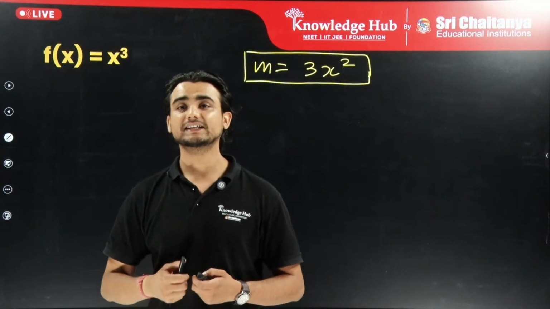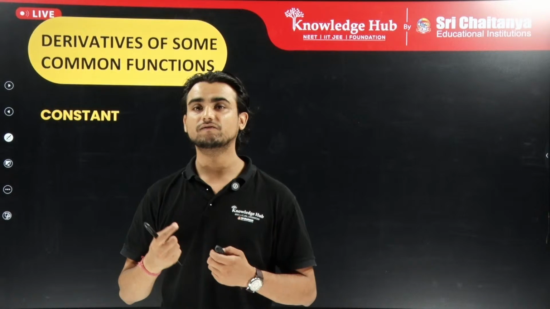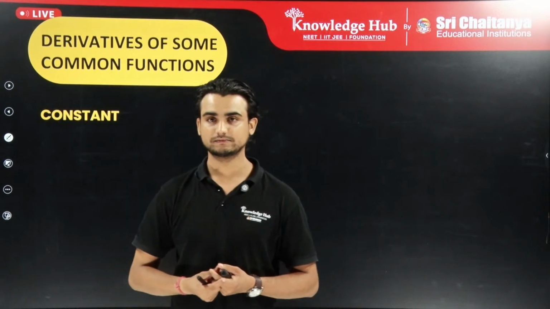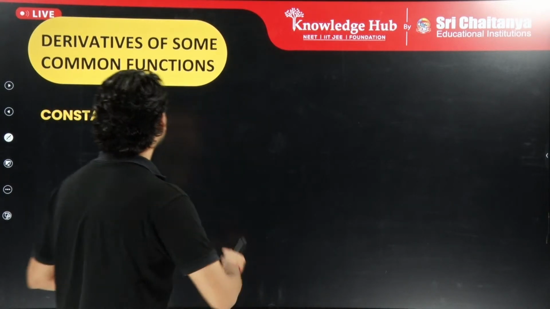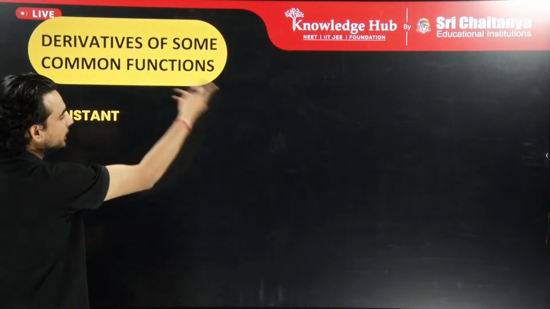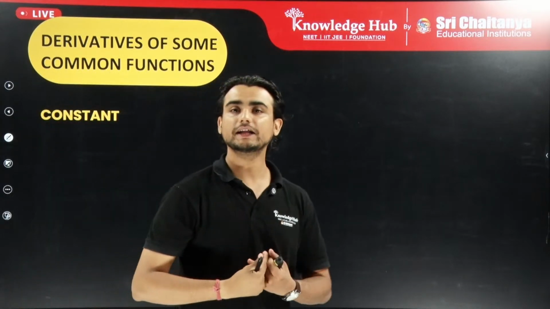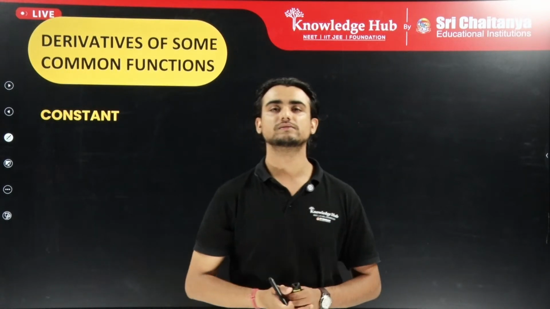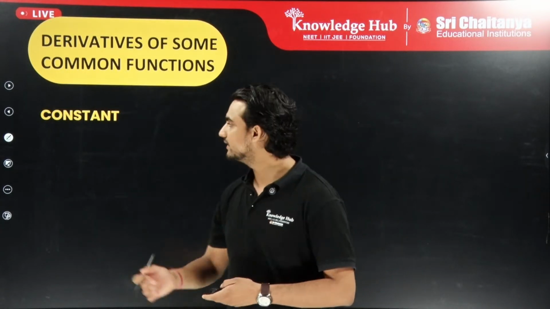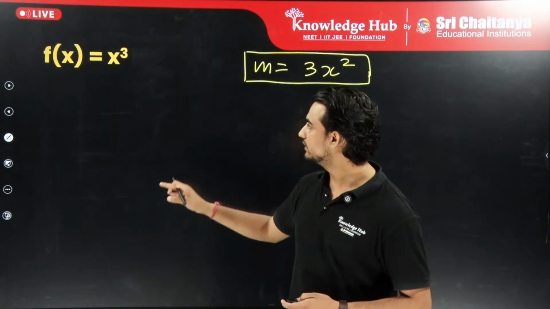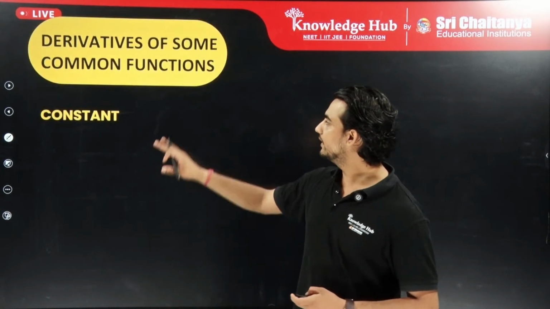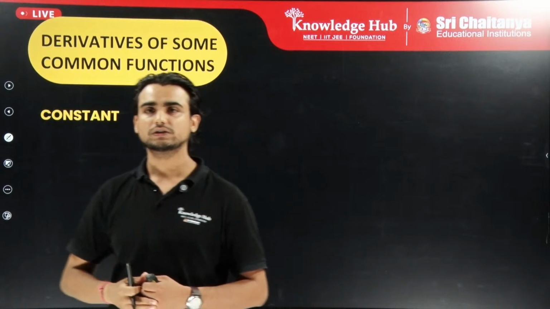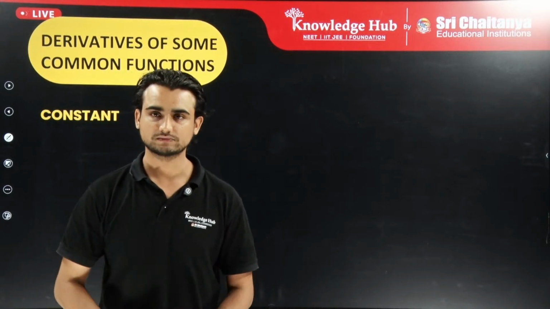So some basic formulas have been defined, the derivatives of some common functions. What do we mean by derivatives of common functions? Some functions which are very common in use. We have done the same exercise for each of them and written the results so that it is easy for us to use.